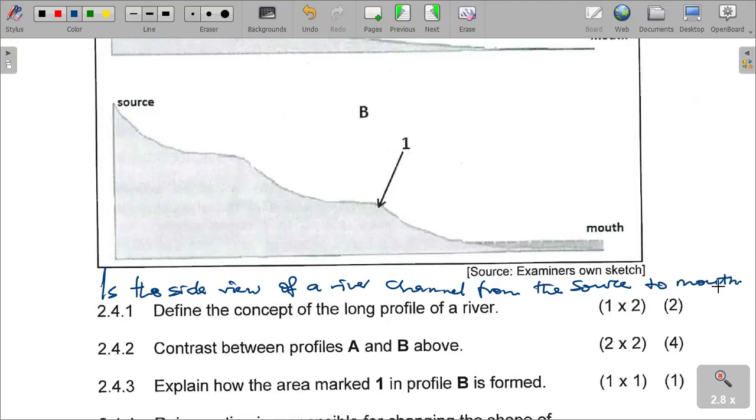That is what we call the long profile of a river channel, the longitudinal profile. A contrast between profile A and B, like I said, is a graded and ungraded river channel. That's what you are actually asked to answer here.